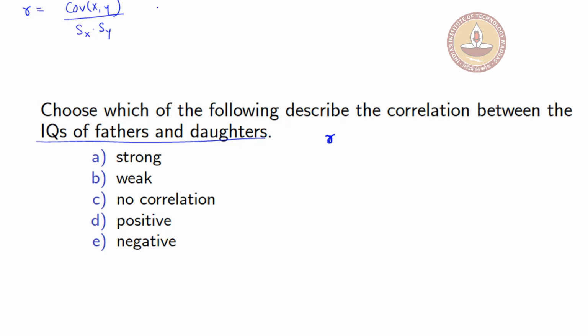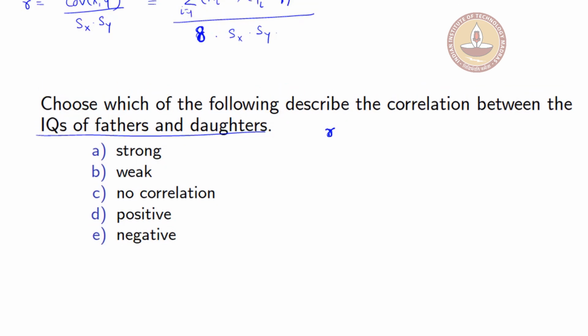So what is the covariance of xy? This is sum over xi minus x bar into yi minus y bar, i varying from 1 to 8, divided by n, which is 8 in this case. So this is divided by 8 into S of x into S of y.